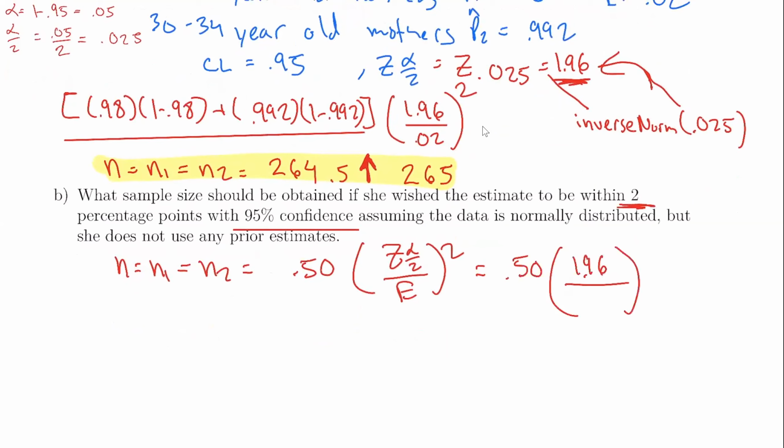My margin of error is still 2%, so 0.02, and we square it. So do 0.50 times 1.96 divided by 0.02, and you take that to the second power. If you do this in your calculator, you should get 4,802.